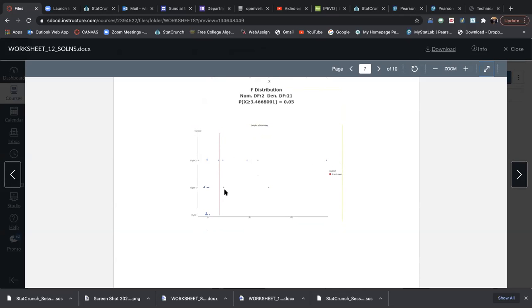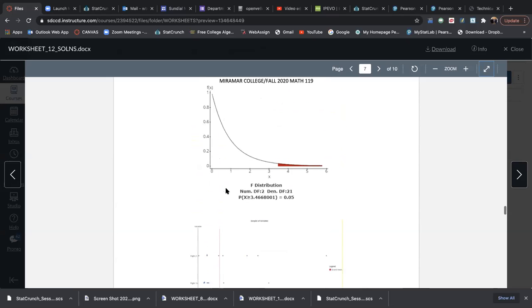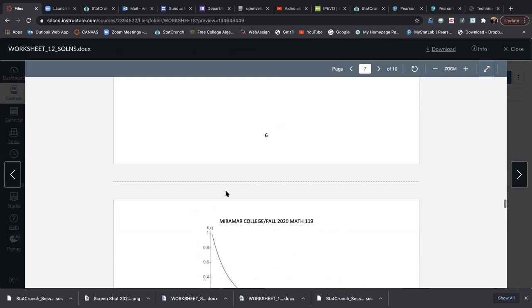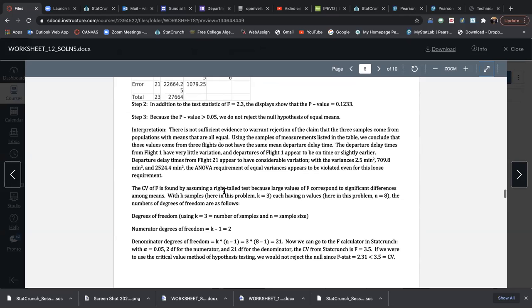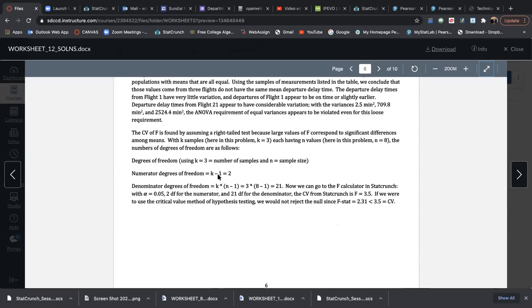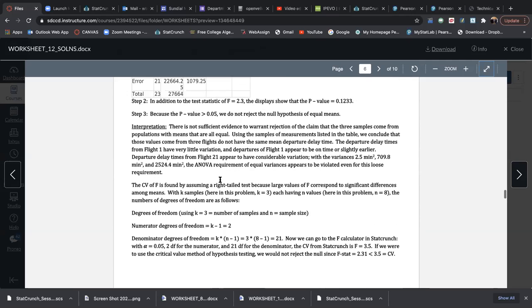All right. So that's what gives a high p-value here. Okay, we have a high dispersion in flight 21, and that'll lead us to, okay, turns out that we don't reject, and we conclude that the means are equal, right?